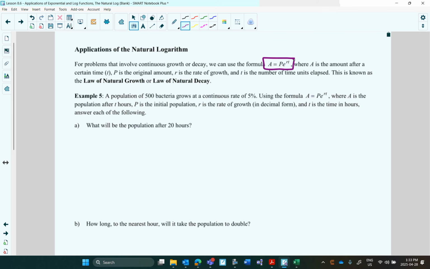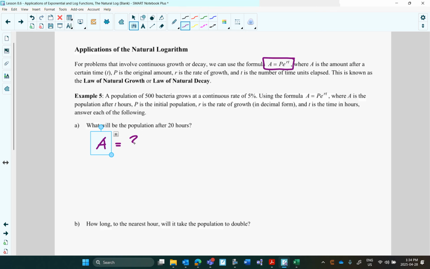So we've got a population of 500 bacteria that grows at a continuous rate of 5%. Using the formula A equals P e to the RT, where you're told everything, you have to answer two questions. What will be the population after 20 hours? So again, you may want to list it out.